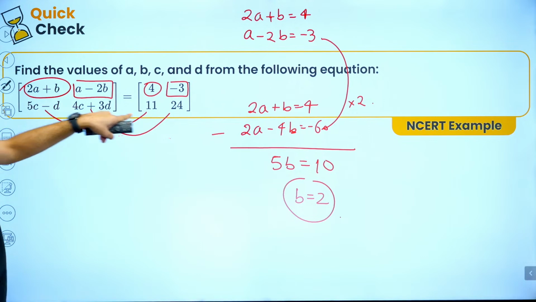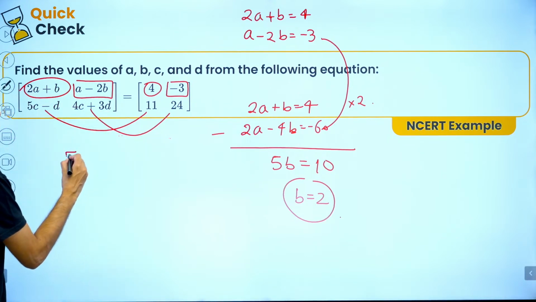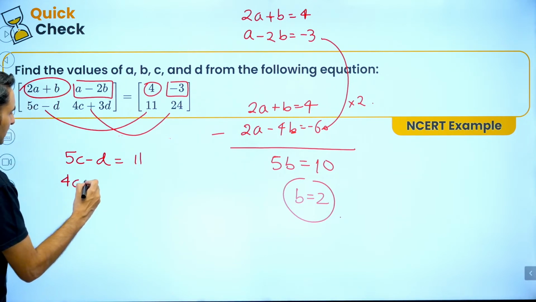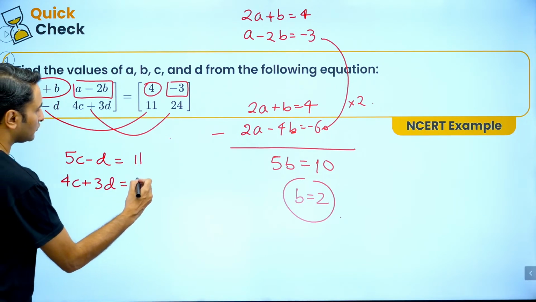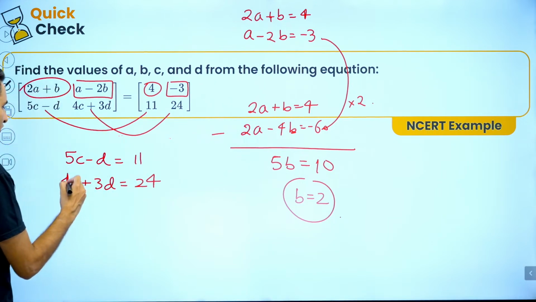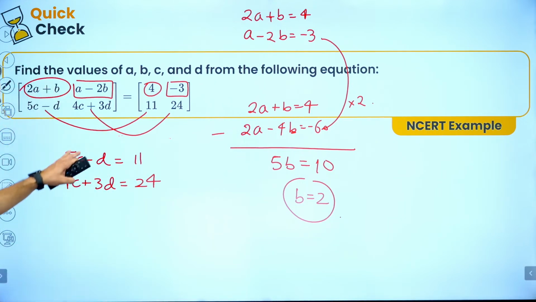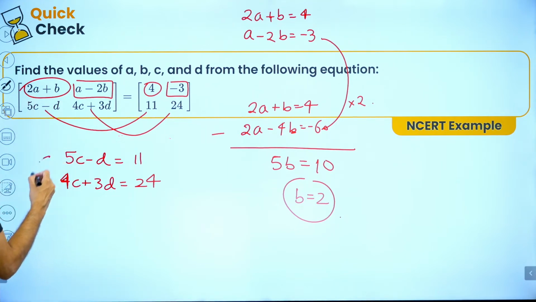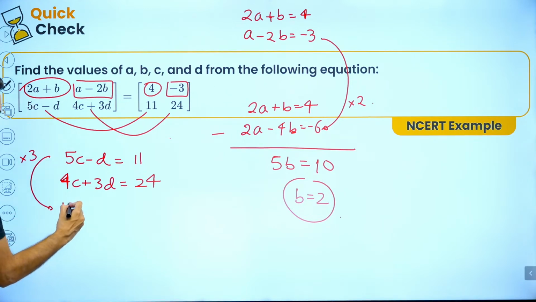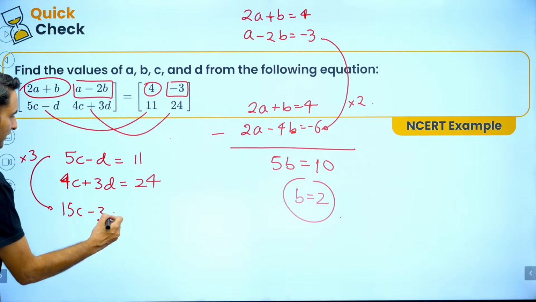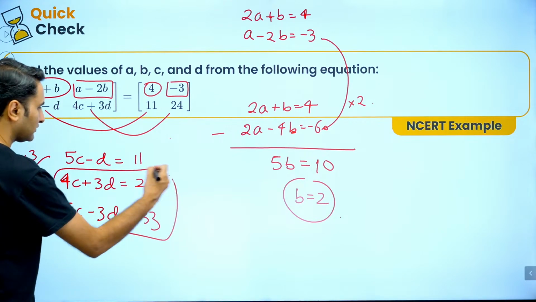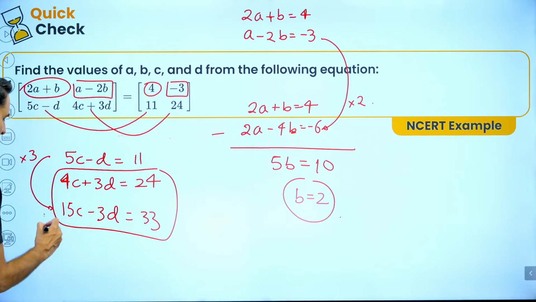The below ones are the equations in C and D. So 5c minus d is equal to 11 and 4c plus 3d is equal to 24. You can solve this as well. What will you do? Say multiply this one by 3. So this will become 15c minus 3d is equal to 33 and you will solve these two equations, right, by adding them.